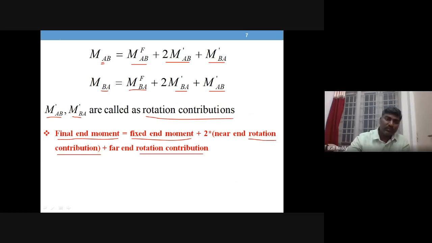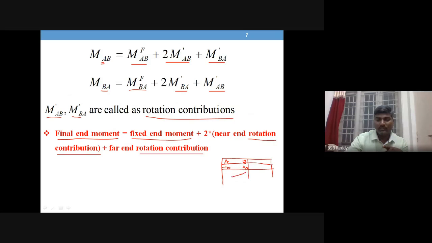Okay. So the final end moment that you are calculating here is fixed end moment plus 2 times near end rotation contribution plus far end rotation contribution. Whereas in case of moment distribution, what you have done is make a table. Something like this, A, B. You had fixed end moments written here, so minus 10, plus 10, like this.